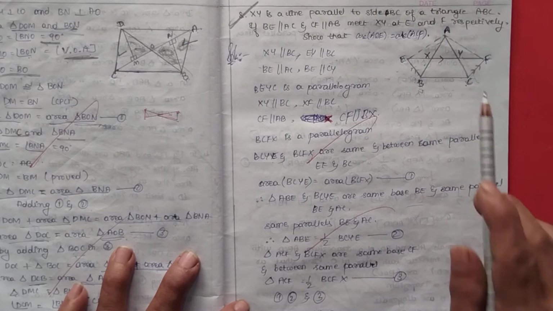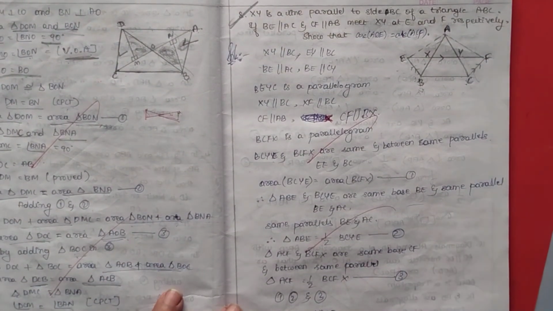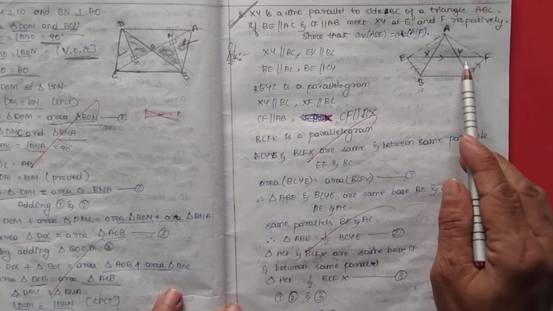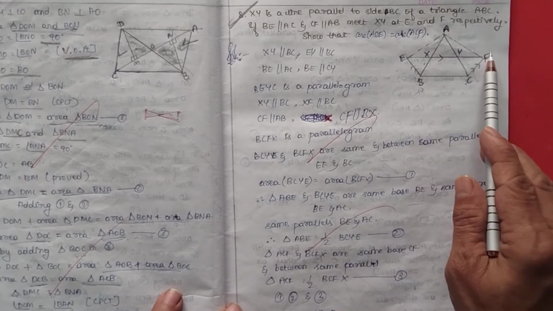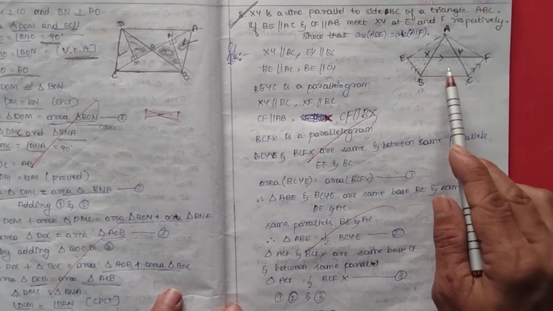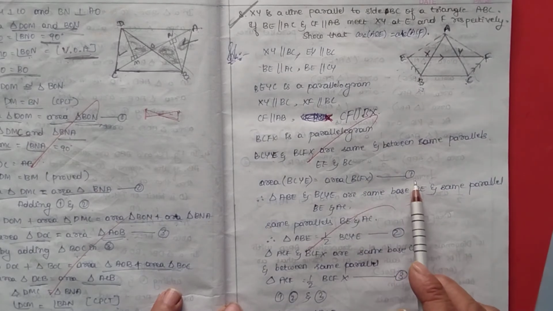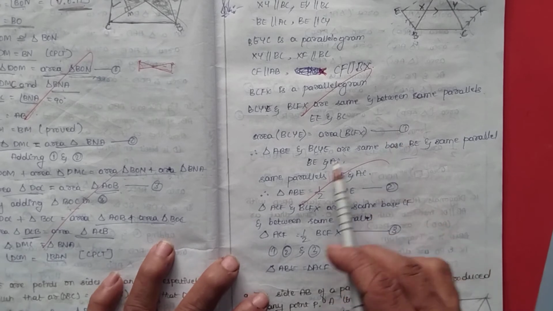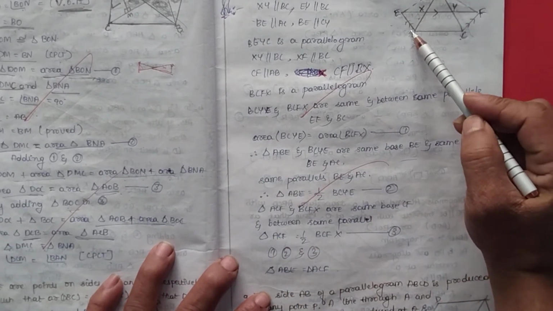So the area of BCYE and the area of BCFX, these are the two parallelograms we have taken here. This is equation 1.